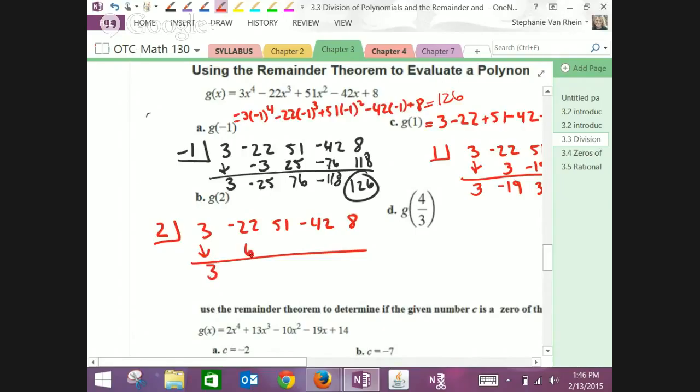So 3, 6, minus 22 plus 6 would be minus 16. 2 times minus 16, minus 32 plus 51, 19. 2 times 19, 38. 38 plus 42, minus 4. Minus 4 times 2, minus 8, 0. We're always happy at this point because we've shown that 2 is a root, because it outputs 0.